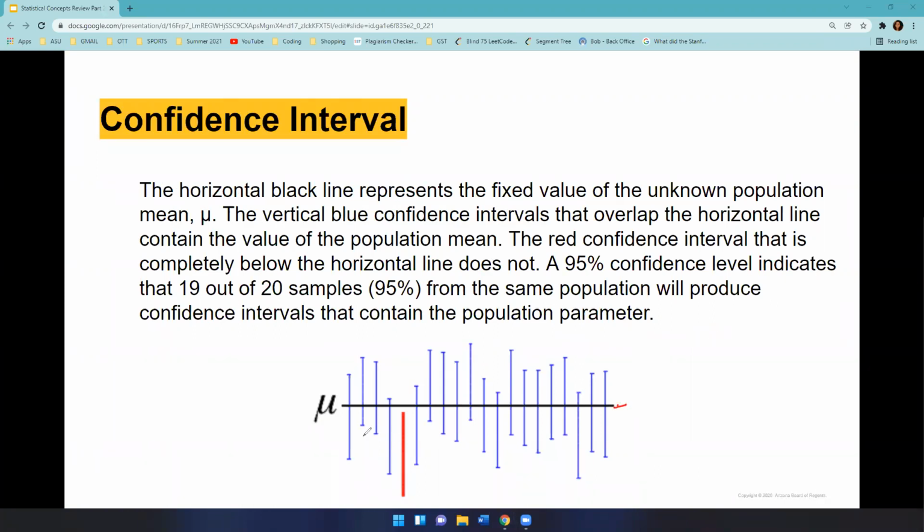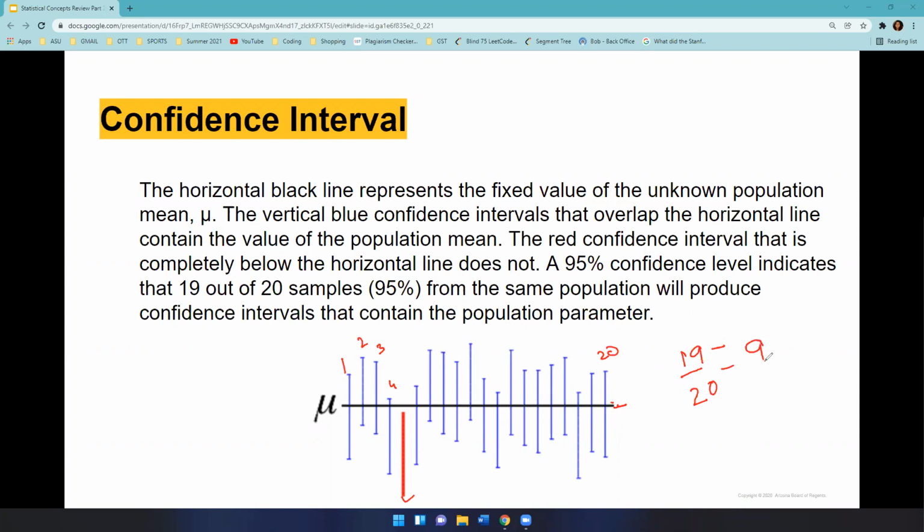So what we'll do is we'll take small samples of the population and try computing the mean. Like this is sample 1, sample 2, 3, 4, and so on. Out of these 20 samples, 19 samples contain the population mean, only one sample did not. So we can say confidently that these 19 samples will have the same results as the population.